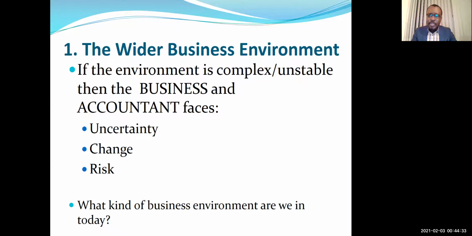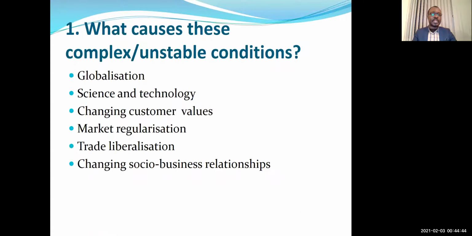If the environment is complex and unstable, then we are always going to be faced with uncertainties, with risk, with changes, and it could cause the business to plummet in terms of performance. What causes these unstable conditions in the wider environment? Globalization, science and technology. We have changing trends.